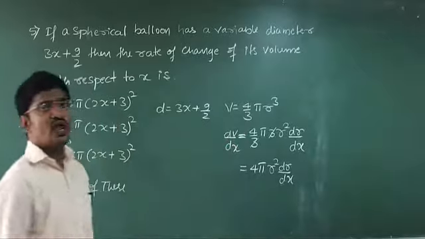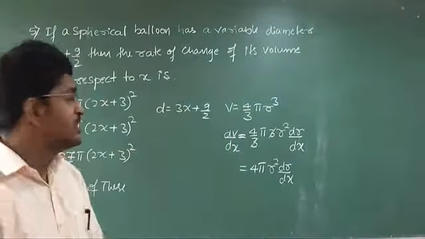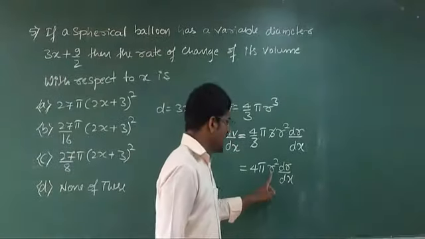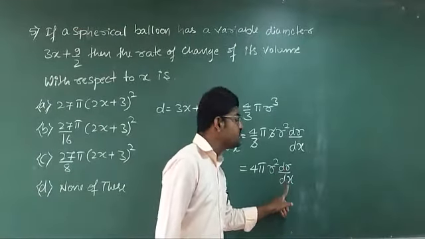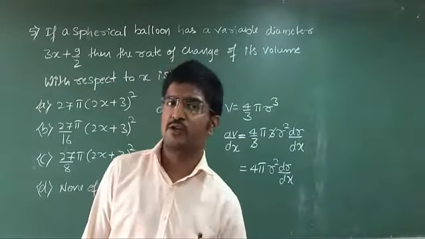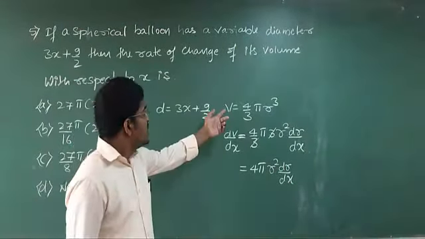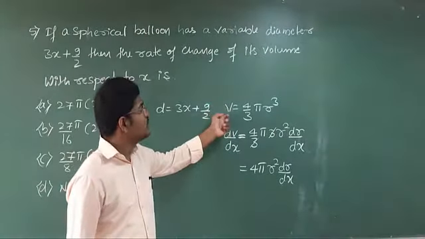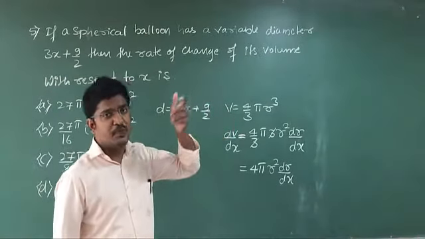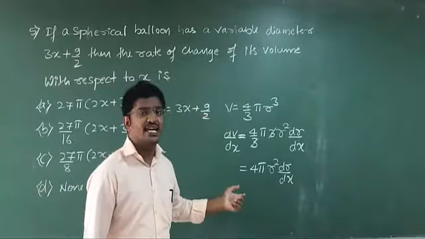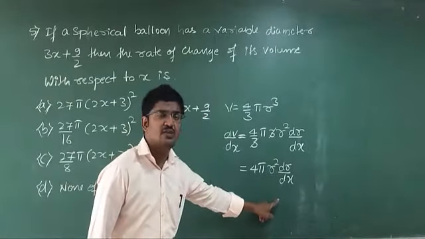Clear? So now you need the term radius and rate of change of radius with respect to time. They have asked you to calculate volume, rate of change of volume with respect to x. If I calculate that, it will be 4 pi r square dr by dx.